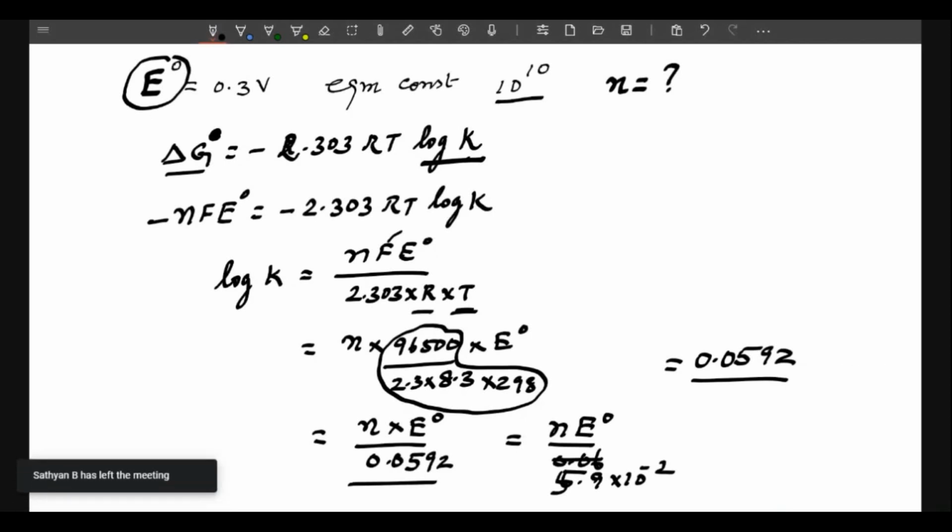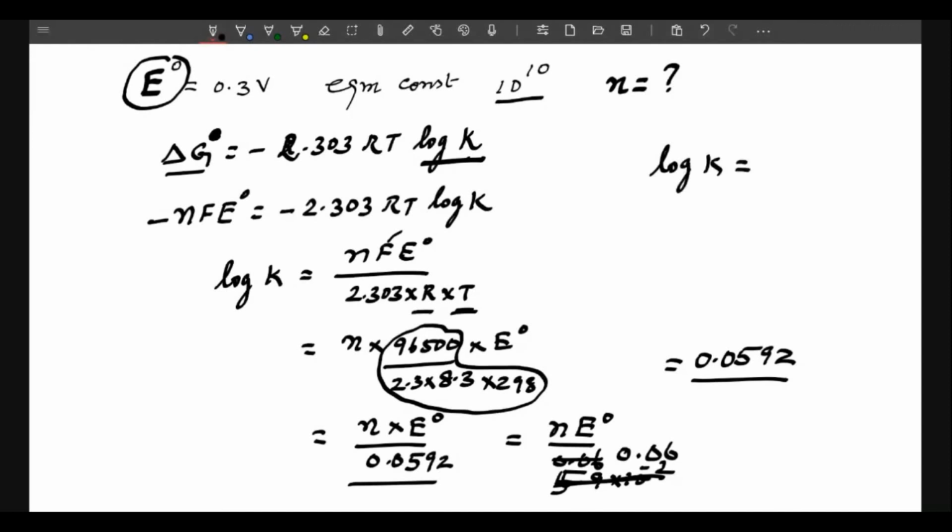One digit after the decimal conversion like this, or you can simplify it further to 0.06. Therefore, log K is equal to this equation.